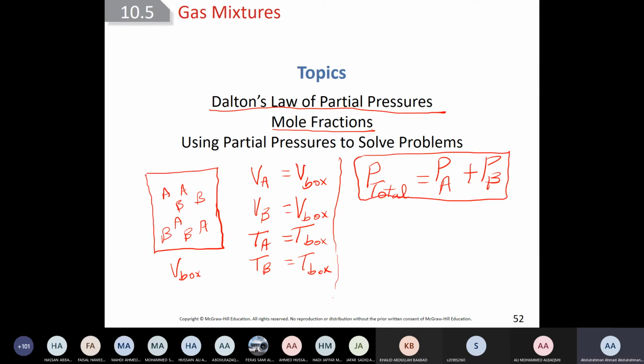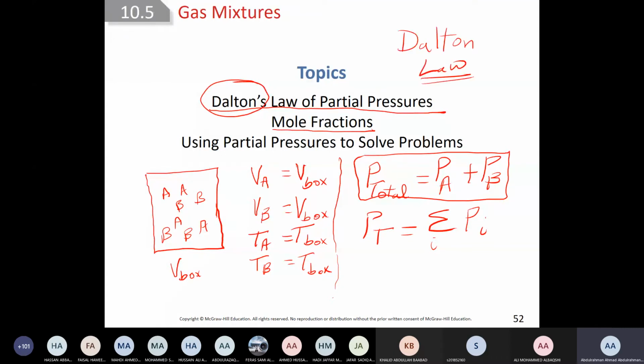I'll make it more clear by saying that P total, PT, equals the summation of the pressure of i, where i is any gas, all the gases. Is this clear? Dalton law is very easy. This is called the name. You must memorize the name. Dalton law.